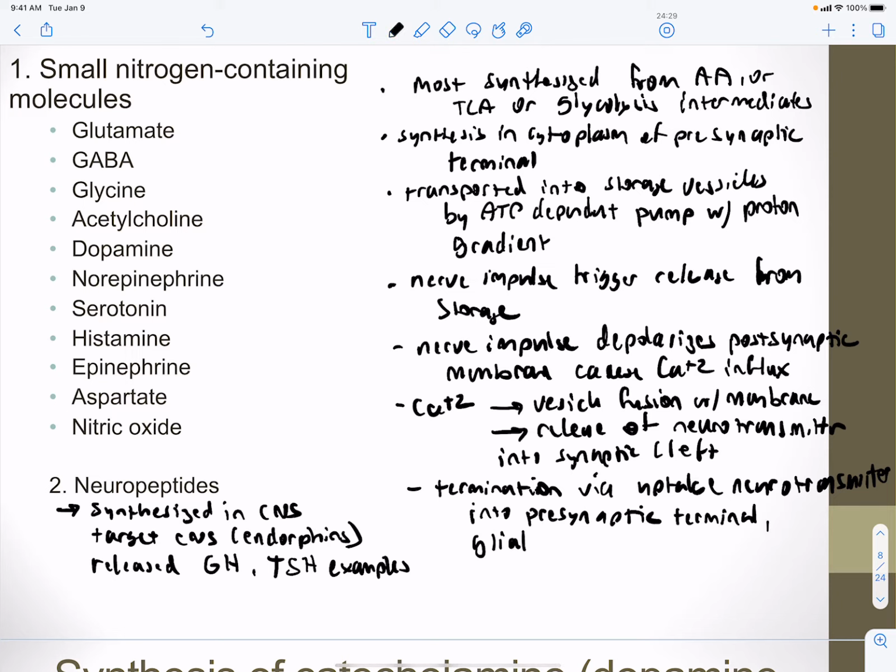So remember, those glial cells are like macrophages, or it can be simply diffusion from the synapse. Or it's going to be through some sort of inactivation by an enzyme.